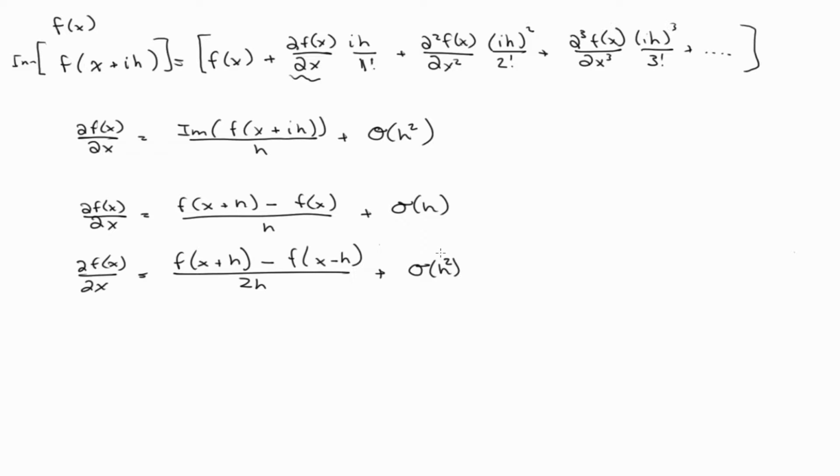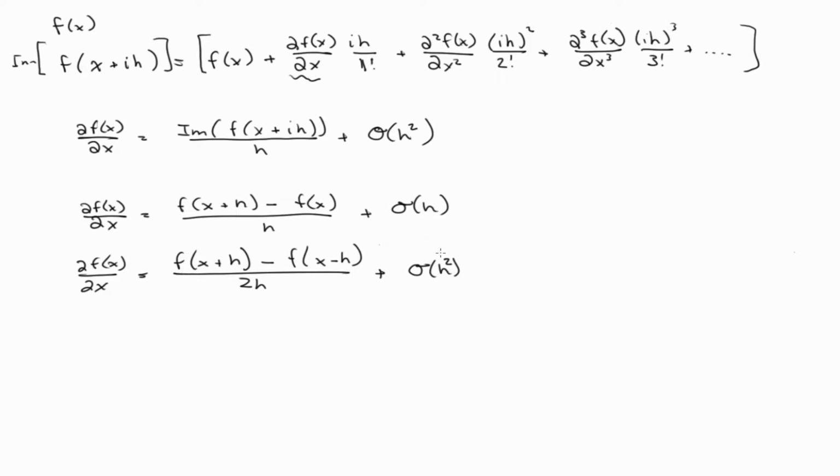In practice, it's rare that you can make h in a central difference scheme smaller than like 10 to the minus 6 or 7 or something like that. Because if it's too small, then you're basically subtracting a number minus a number that's very close to it, and you get 0.0000000000, and there's error out there.